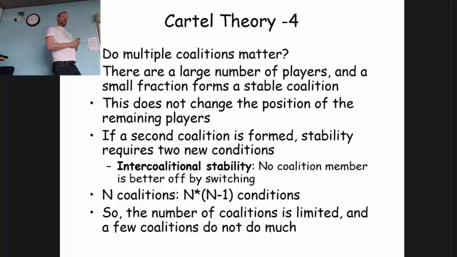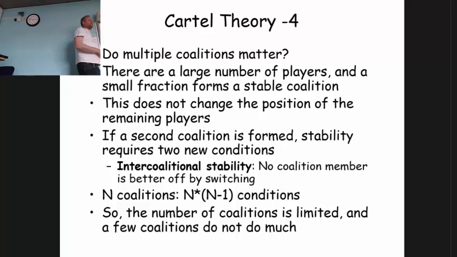And so what does this imply? That if you have a large number of small coalitions, then you impose so many constraints on your behavior that you cannot find a solution anymore. Essentially, the number of variables that you want to solve for stays the same, but the number of equations grows quadratically. So you have 200 players.